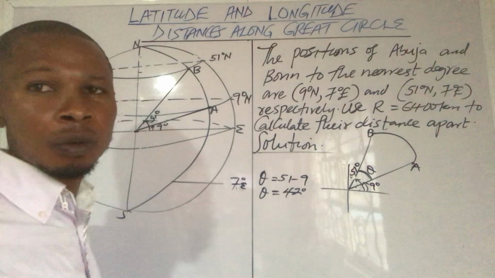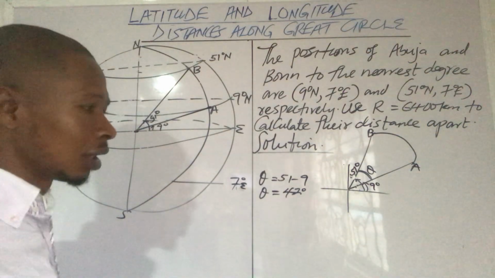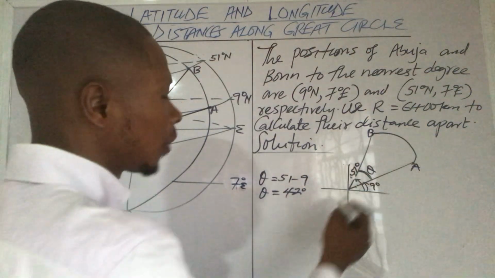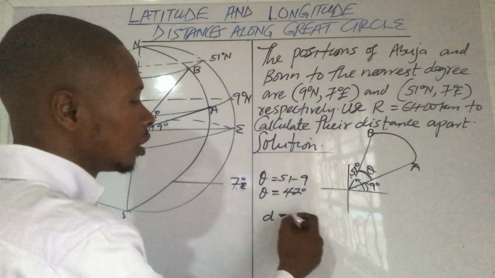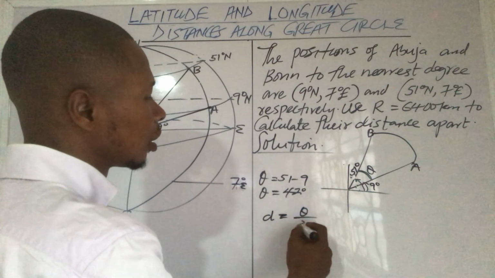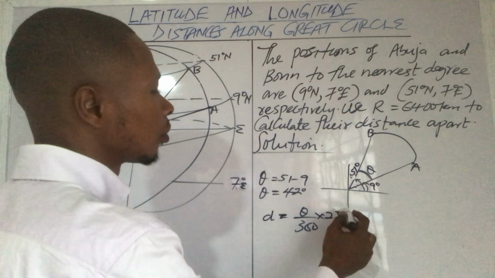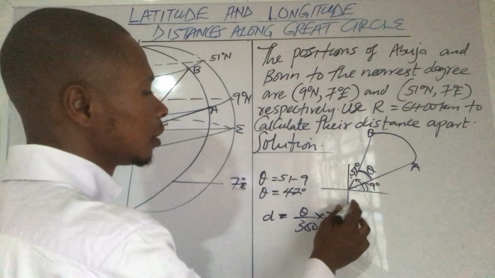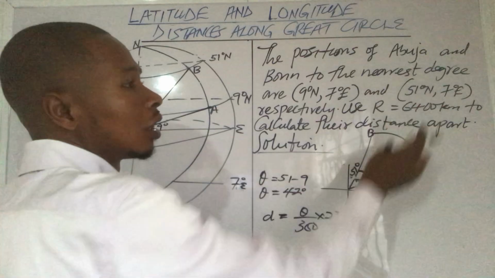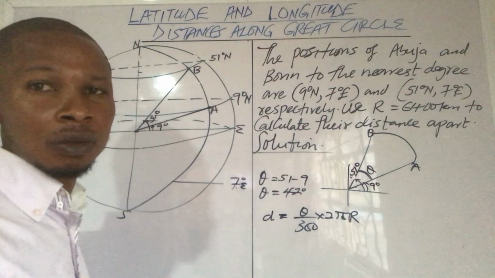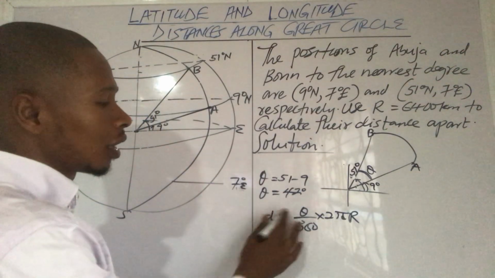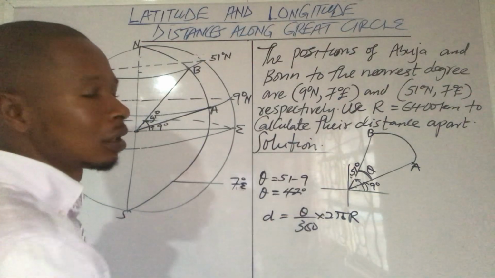Recall the formula for the distance between two places, the length of an arc. The distance is given by theta over 360 times 2 pi r, where r is the radius of the earth, given to us as 6400 kilometers, and theta is our angular difference.